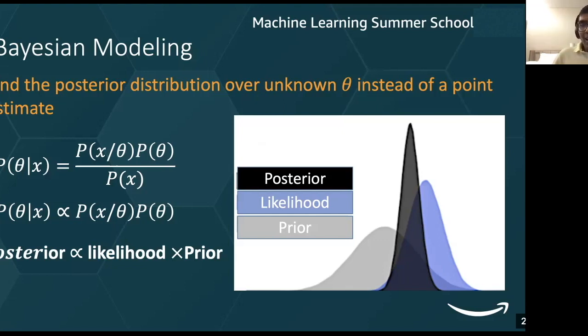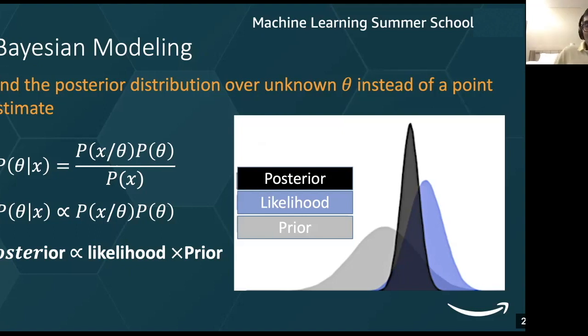The benefit of doing this is that if you're able to estimate a distribution for theta, you are able to get a very accurate sense of how confident you are in your estimate of theta, and that is very important in constructing this Bayesian modeling.